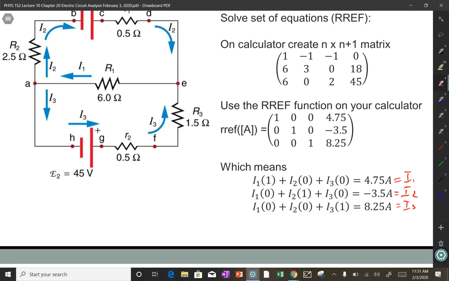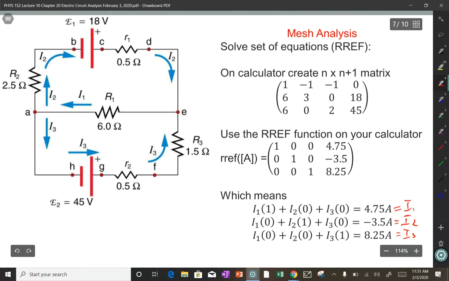So the circuit is going this way. The actual current on the top is going the opposite direction of the I2, so it's going this way on the top. Well, it was I2 that was negative, so only the direction of I2 is reversed.